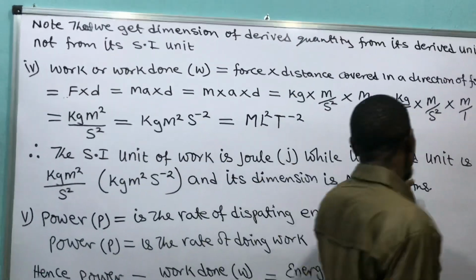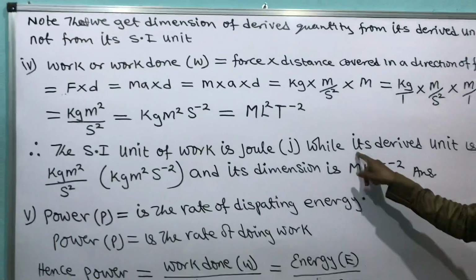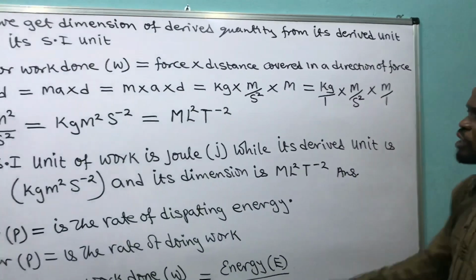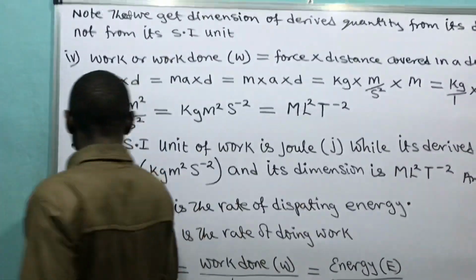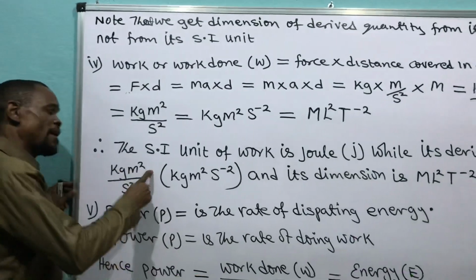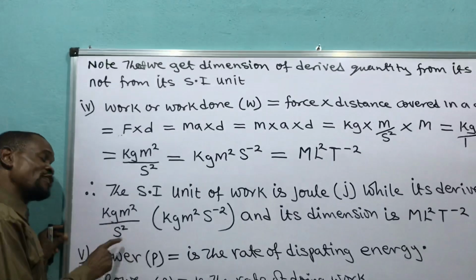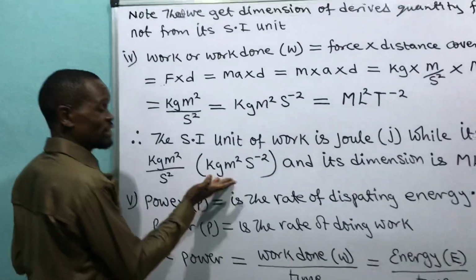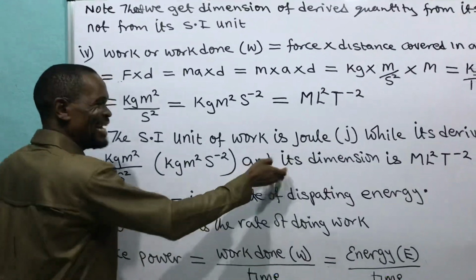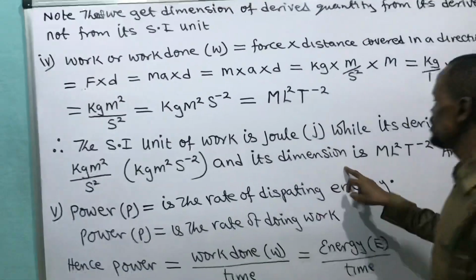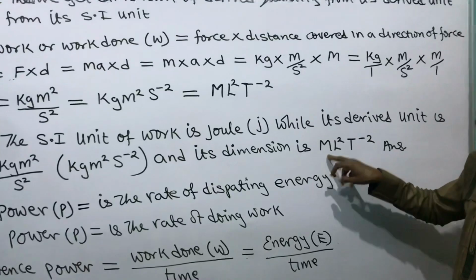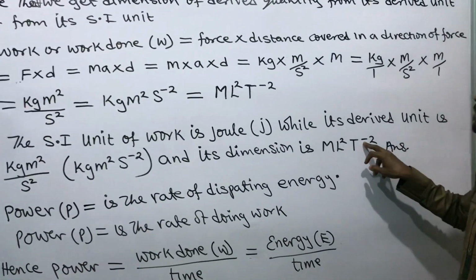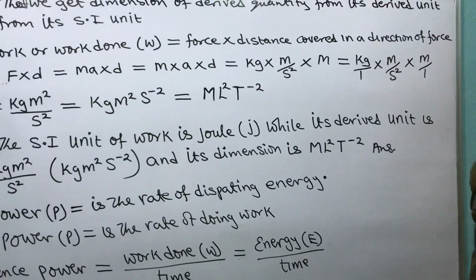And its derived unit is kilogram meter squared per second squared, which can be written this way. And its dimension, which we have already done, is capital M L squared T raised to power minus 2. That is the dimension.